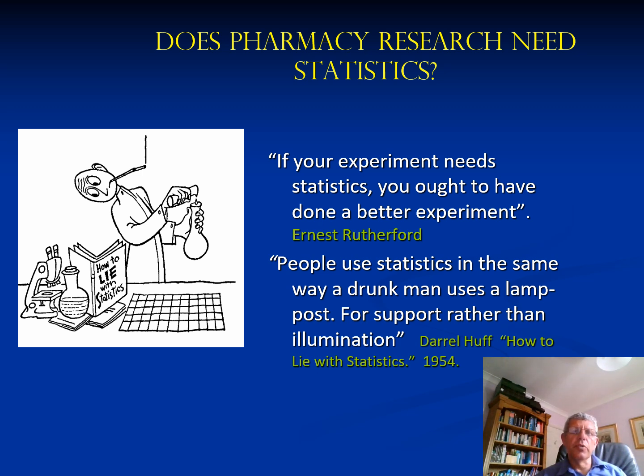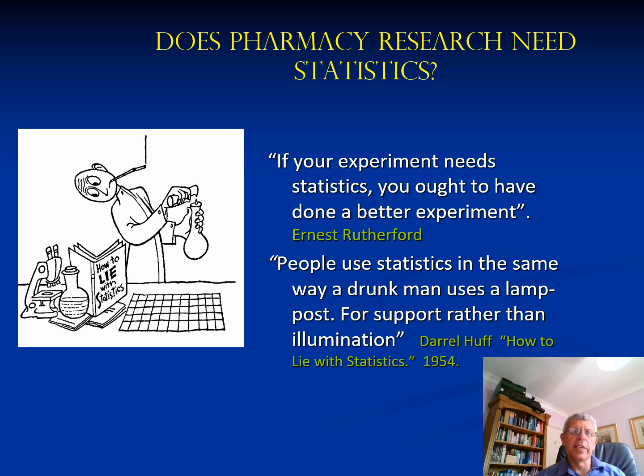Now let's look at the 2 quotes in this slide. The first quote says, if your experiment needs statistics, you ought to have done a better experiment. And what this really refers to is the fact that, for example, in a laboratory, you can apply a lot of experimental control. If you have control over all the variables, then you won't need statistics because there's very little uncertainty.